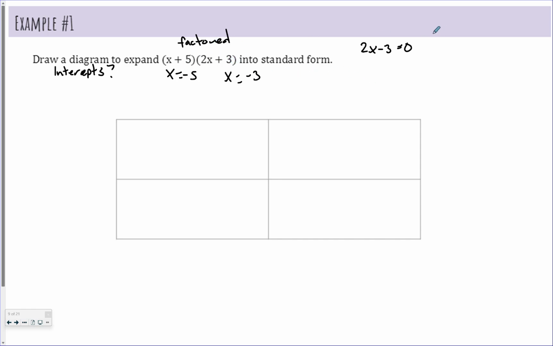Take the 2x plus 3, set it equal to 0. Oh, wait, 2x plus 3 equals 0. And I'm going to subtract here. Oops, kind of got ahead of myself there. So we're going to subtract 3, and you have a negative 3. Okay, so that's where the negative 3 comes from.